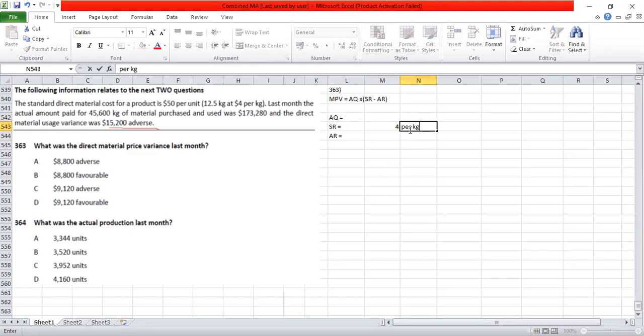The actual rate is not directly given. We only see that last month the actual amount paid for 45,600 kgs was 173,280. So actual quantity is 45,600 kgs of material.